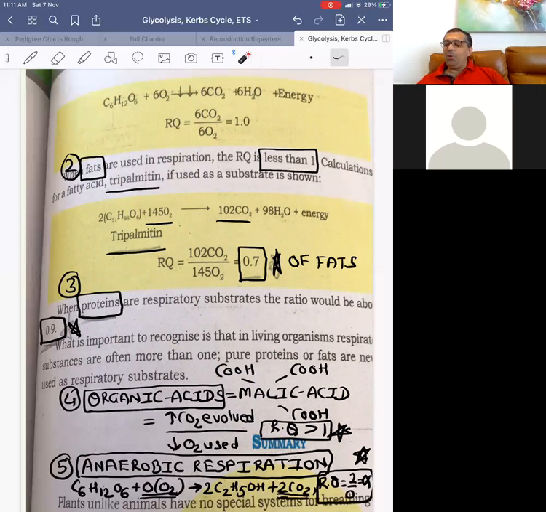Chalo, with that we have finished with the most difficult chapter of standard 11th biology, respiration. अभी 12th में करेंगे the most difficult chapter of 11th 12th biology, the great chapter of genetics.